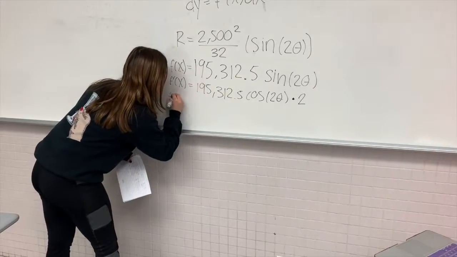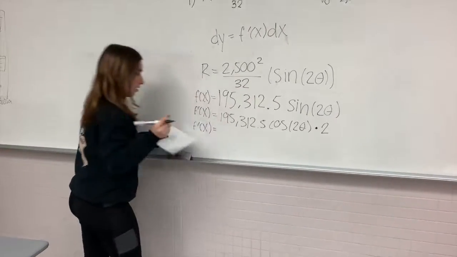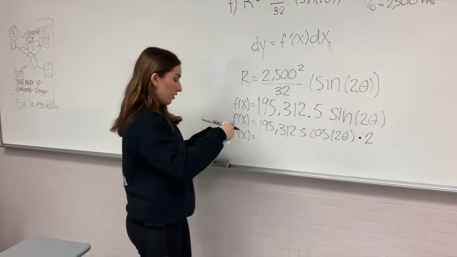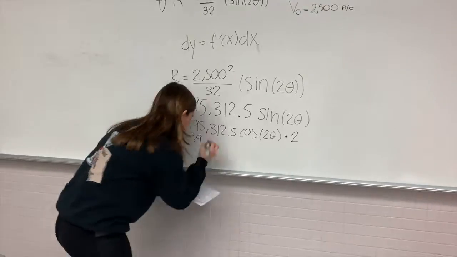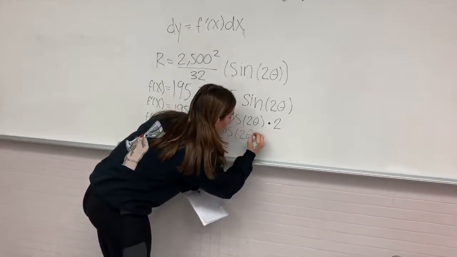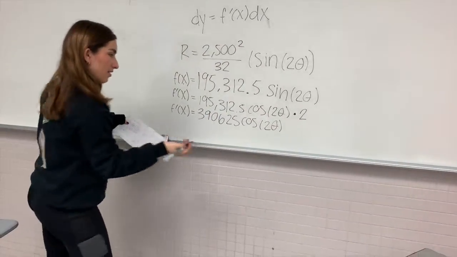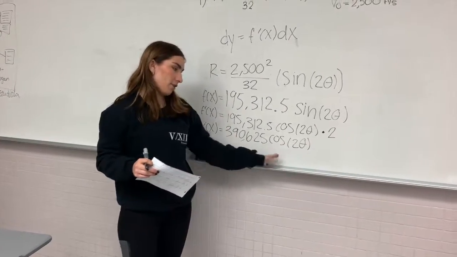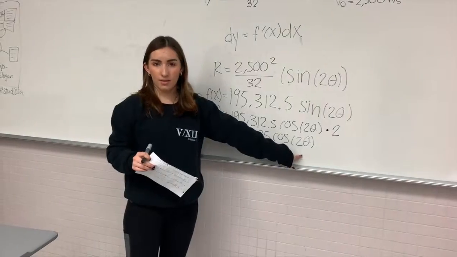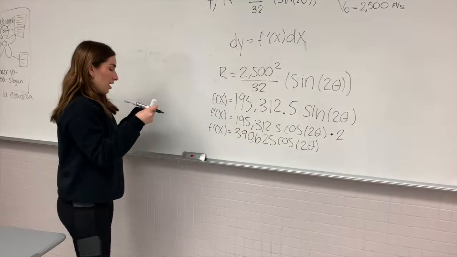So your final differentiated function, or your derivative, will be 390,625 cosine of the angle 2 theta.